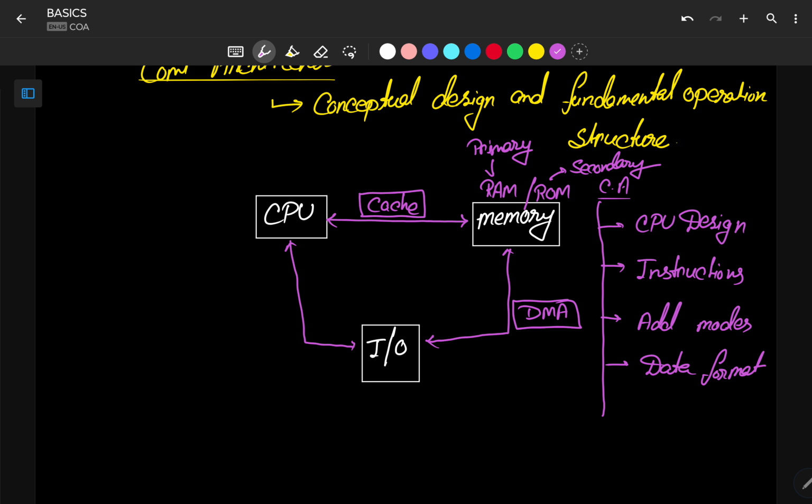And there is another thing between CPU and IO: an interrupt module. If there is any work in CPU and IO wants to send some file or some operation, then this interrupt module will interrupt, and after CPU finishes its work, then the interrupt will open.